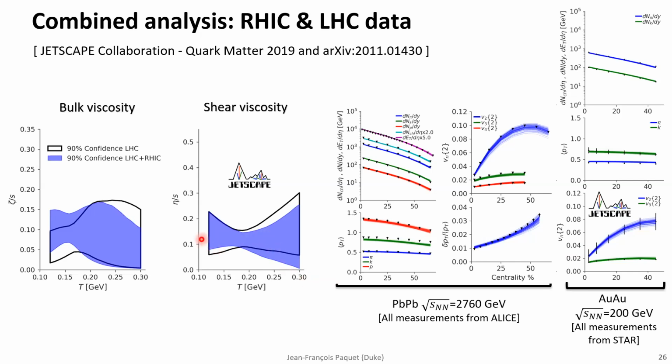Because we don't use very much data at RHIC, we didn't see a large shift in the preferred value of viscosities when we added this data. Still, it's very interesting to see that we can describe almost all of this data simultaneously, which is not trivial.